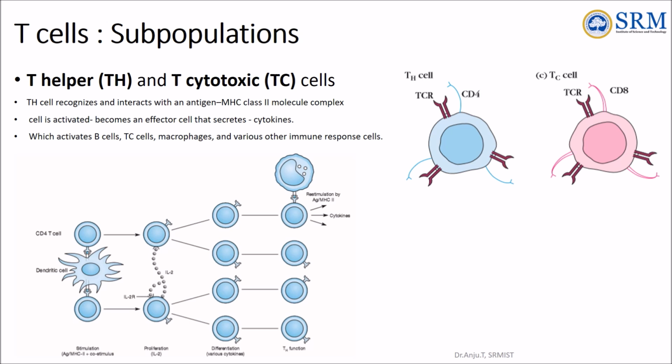So what is the role of these TH cells and TC cells? TH cells initially recognize the antigen which is complexed with MHC molecules.